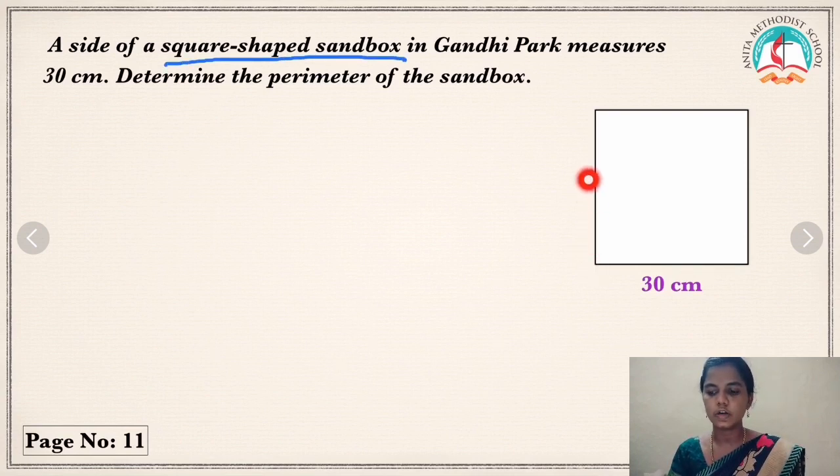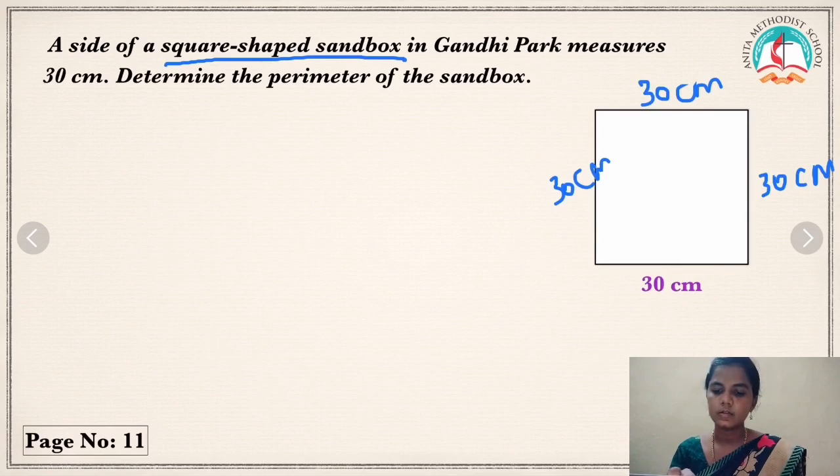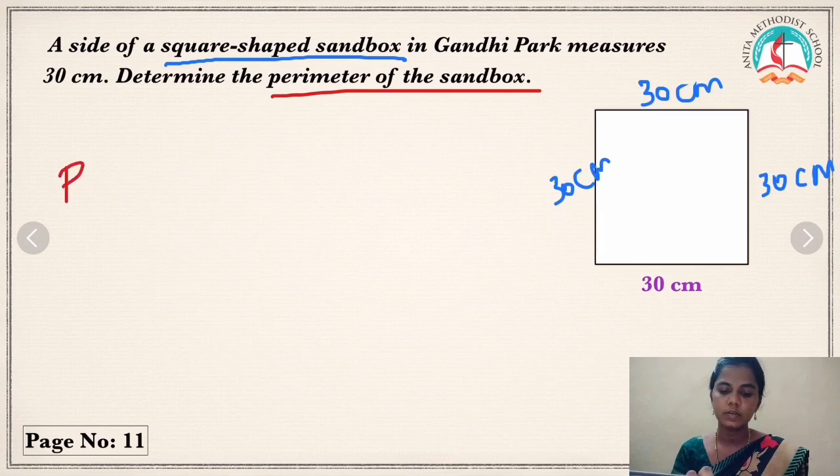So we need to draw the square, and they given only one measurement, that is 30 centimeter. We already know in square all the sides are equal. If one side is 30 centimeter means other sides also 30 centimeter. Okay, so now we need to find the perimeter of the sandbox. Okay, so same way we need to do.